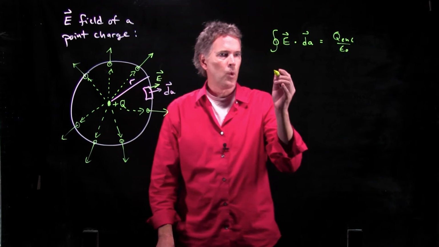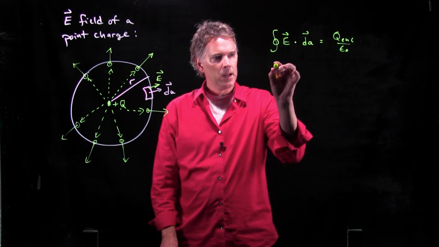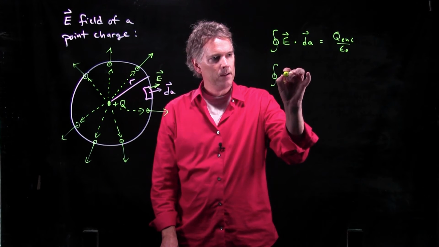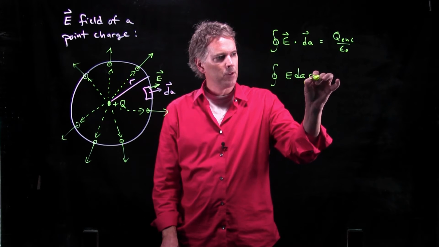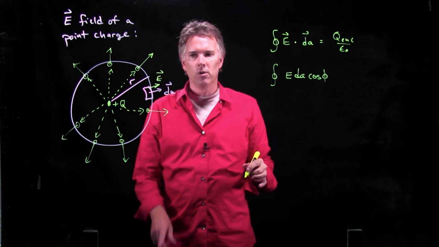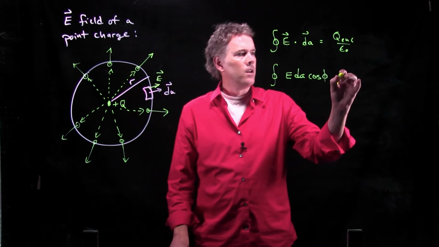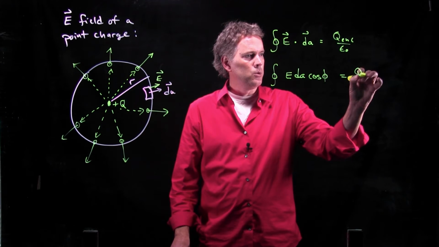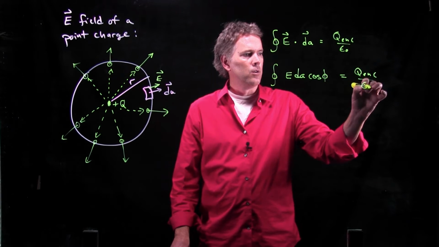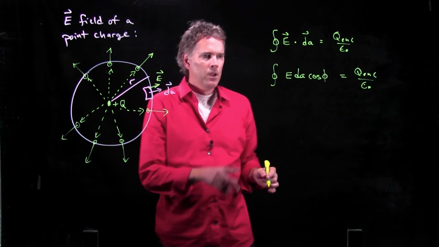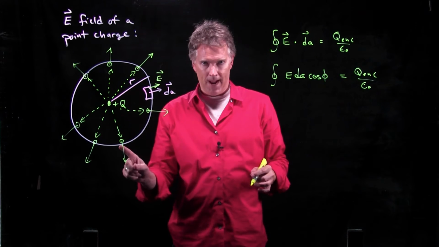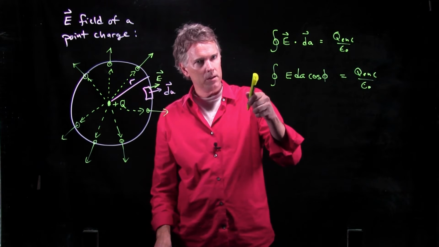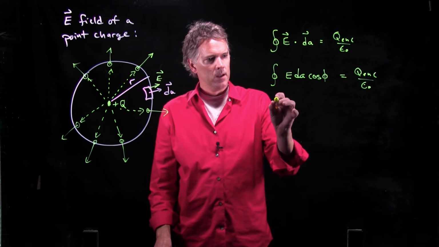Well, it becomes quite simply this. Integral of E dot dA becomes E times dA times cosine of the angle between them. All of that is equal to Q enclosed over epsilon naught. But we just said that E is a constant in magnitude around the whole thing, and so E can come right out of the integral.